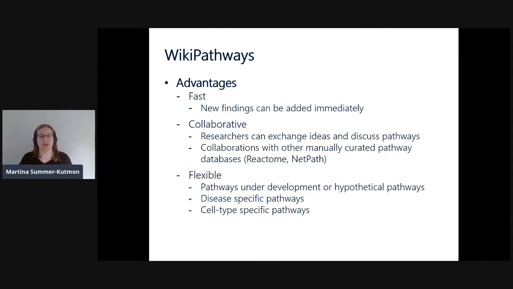We allow users to share and collaborate on pathways that are maybe still under development, or they might be hypothetical, so they will not be included in downloadable collections for analysis. And then using collections, ontology tags for diseases and cell types, we can allow users to upload pathways that are disease or cell type specific and annotate these accordingly, so other users immediately know what the pathways are about.